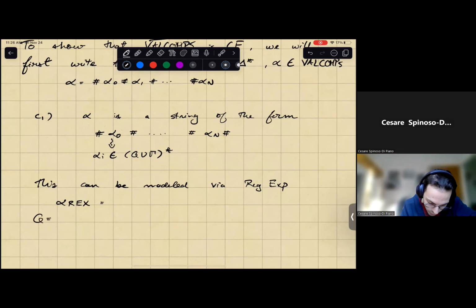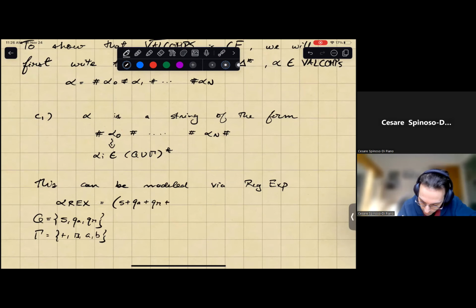Suppose that Q is S, QA, QR, and gamma is the blank, A and B. Then alpha rex will need to be S or QA or QR, or the blank, or A or B. So this is just saying that it's a string over Q union gamma. Of course, this first condition doesn't cover everything. You could have something that's not a valid instantaneous configuration. You could have a bunch of S's, and that would be allowed.